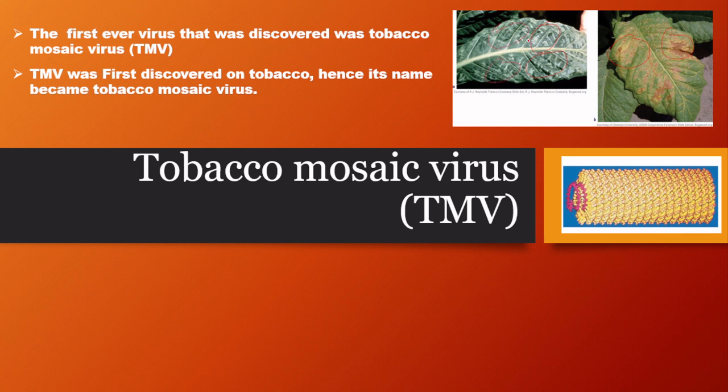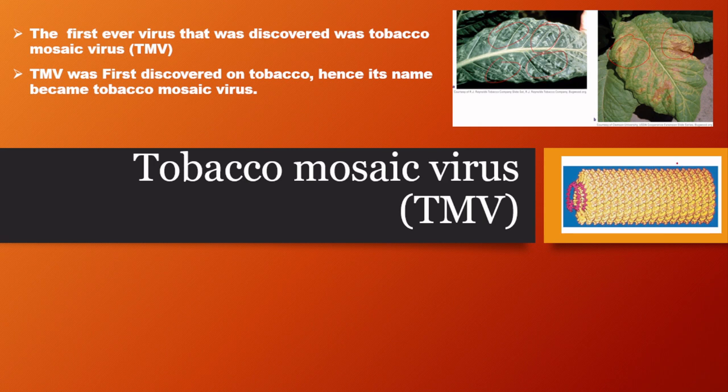Due to the mosaic-like symptoms it causes in the leaves, this virus is called mosaic virus. And since it was first observed in the tobacco plant, it was named tobacco mosaic virus. But this virus is not limited to tobacco, but infects many other members.